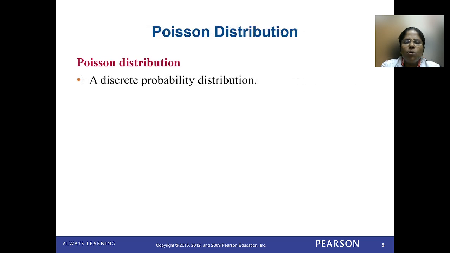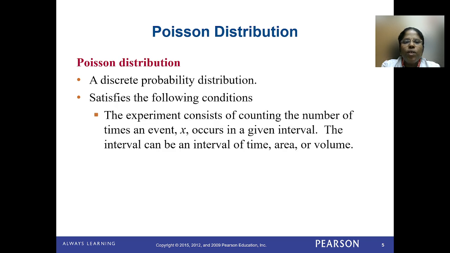Poisson distribution is another discrete probability distribution. It satisfies the following conditions, that is, the assumptions we need to take here. The experiment consists of counting the number of times an event X occurs in a given interval. The interval can be an interval of time, area or volume.